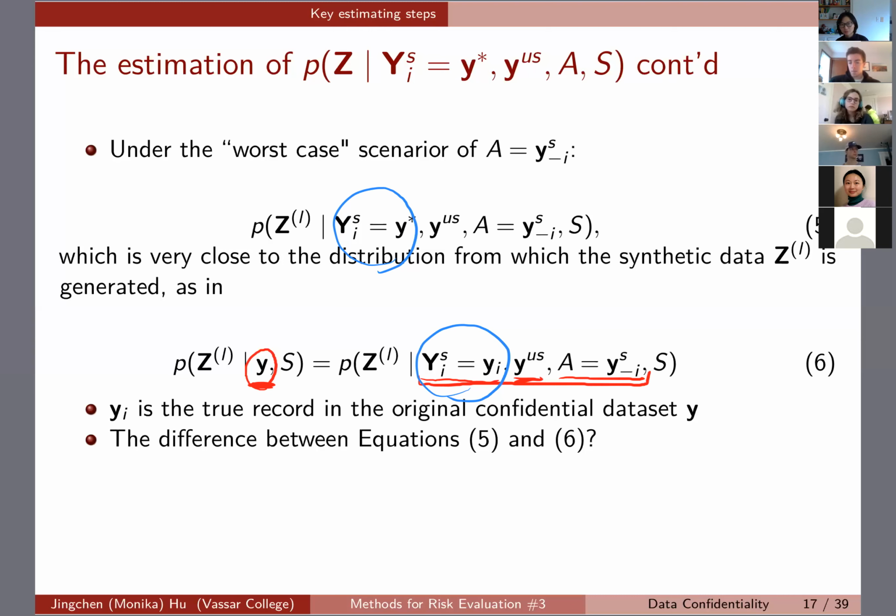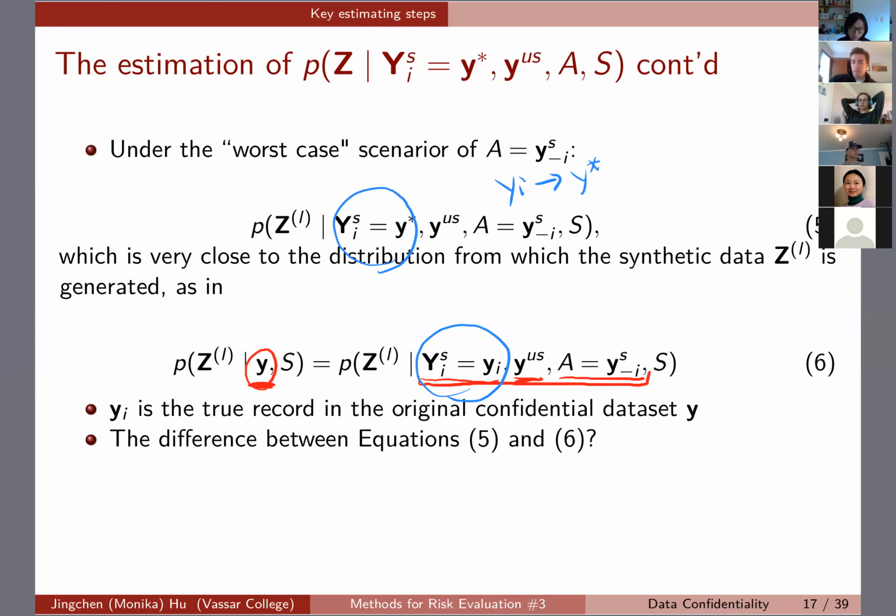We highlight this because if you look at equation 5, using this worst case scenario, and I want to estimate this equation 5, what should I do? I should go back to my synthesis model. I'm going to replace my y_i with y star in my original data, and then I estimate the model one at a time. Say I have 6 different guesses.